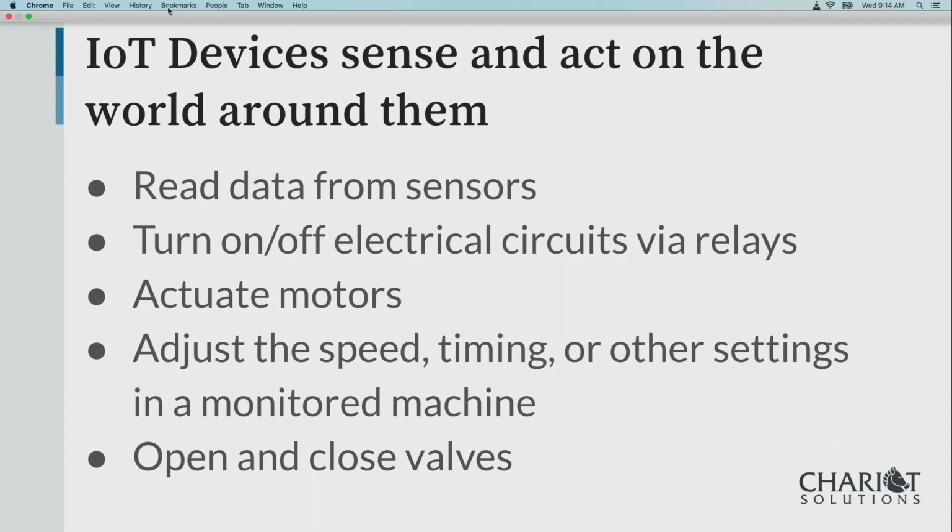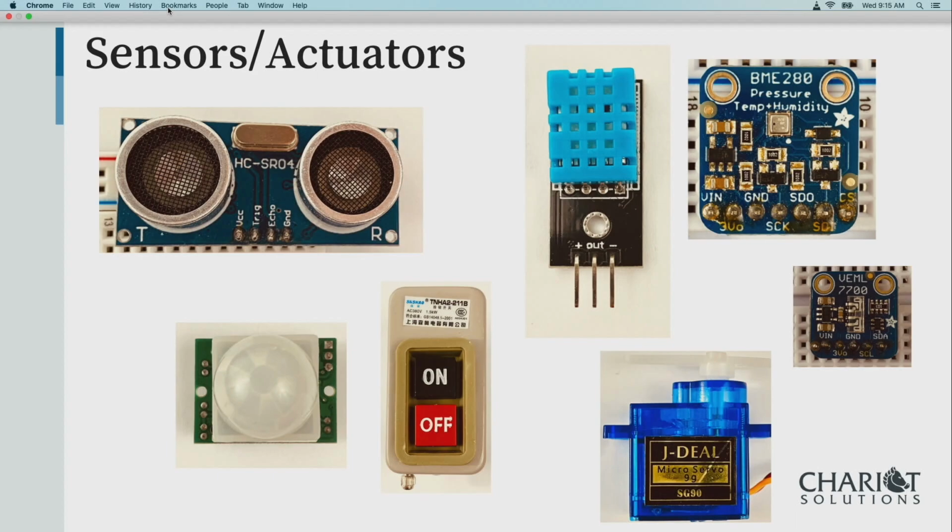You can turn motors, lower and raise blinds, things like that. Adjust the speed and timing in a monitored machine. So maybe it's like a fuel mixture for a car and you want to adjust that. Anything you can think of, there's generally sensors or actuators, things that change things, that exist for that.